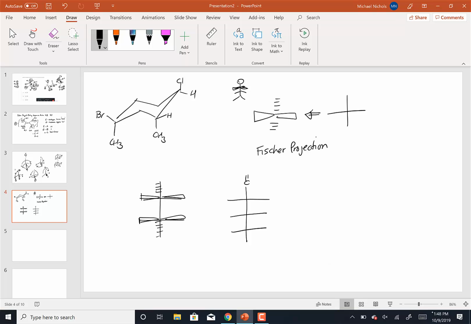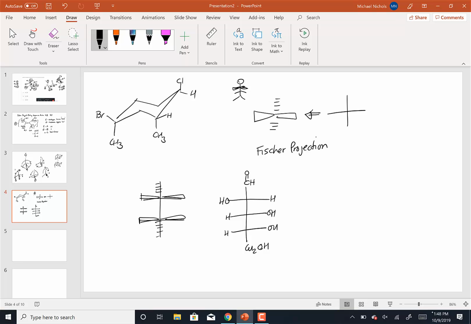So if you in biology class have seen something like this, could be in genetics too, it's usually a 6 carbon chain. I might have left one out, but if you see something that looks like that, that is a sugar, and that is a Fischer projection of a sugar.